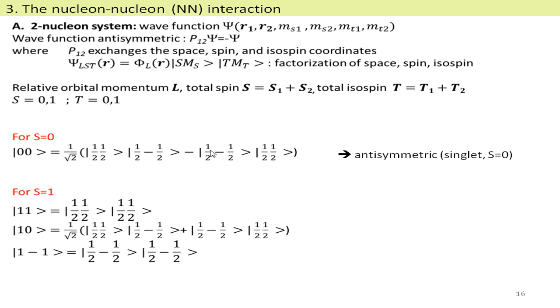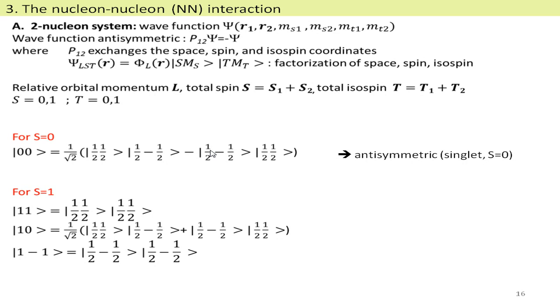So if you exchange the two particles here, you will get the same wave function but with a minus sign. So the S equals 0 state is called singlet, and the name singlet is because there is only one projection. For S equals 0, the projection is 0, and a singlet state is antisymmetric.